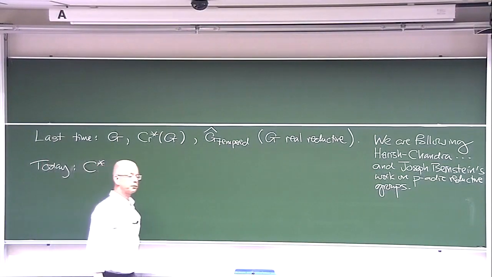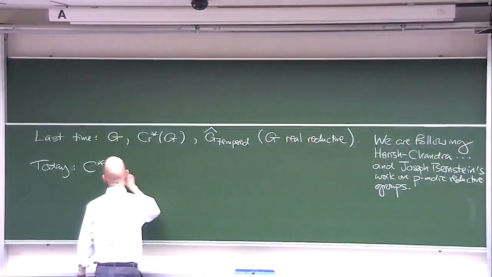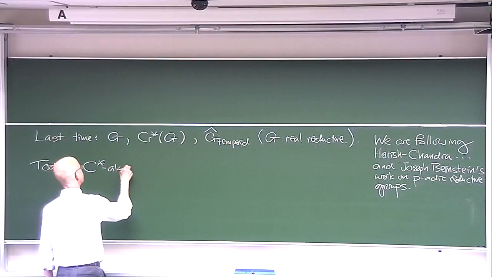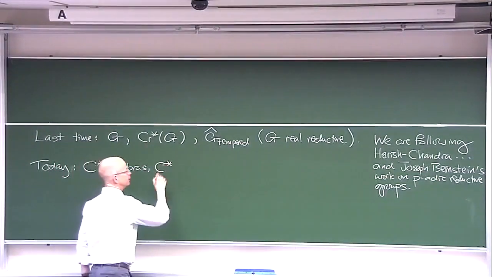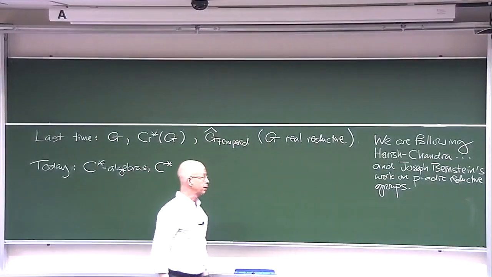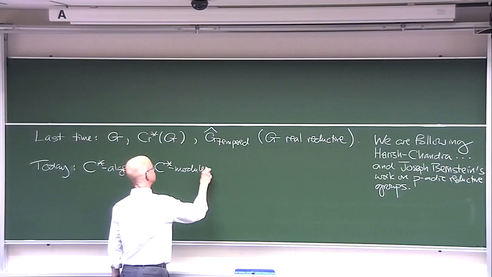So we'll take a short break, a short holiday from groups and study just C-star algebras. The appropriate, or one of the two appropriate notions of modules of C-star algebras, C-star modules.